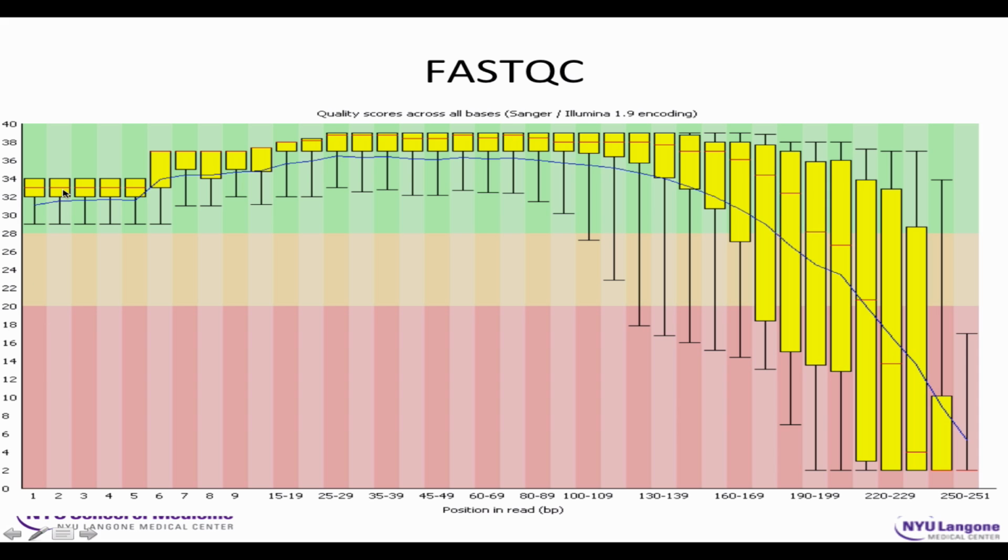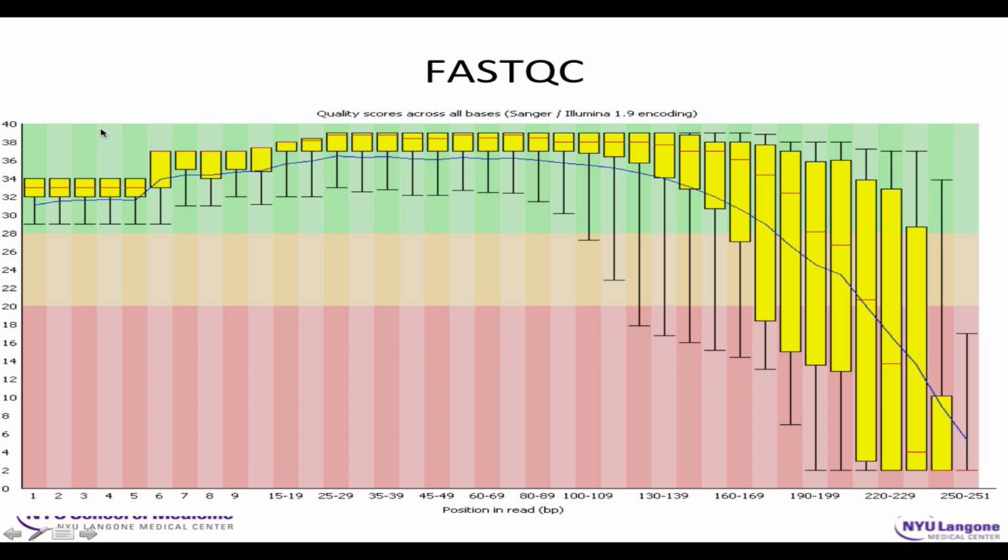For each base, it's showing you a bar graph of the median, and I think it's the median, the 25th and 75th percentile of quality scores, and the range of outliers. I mentioned before that we typically use 30 as the cutoff for good quality sequencing. So if the majority of the bases in all of the reads are above Q30 at that position, then you could safely say that's a good quality read.